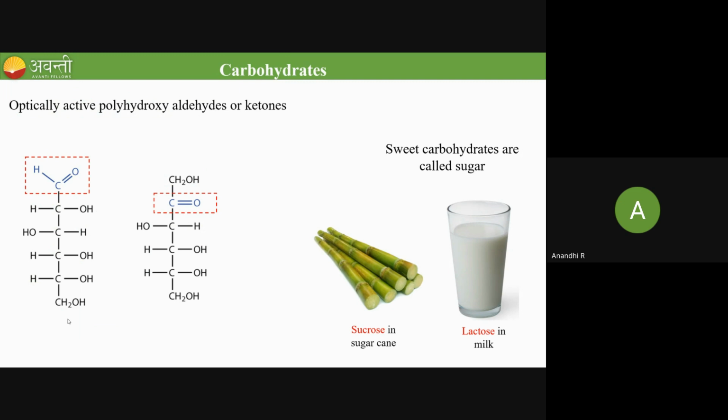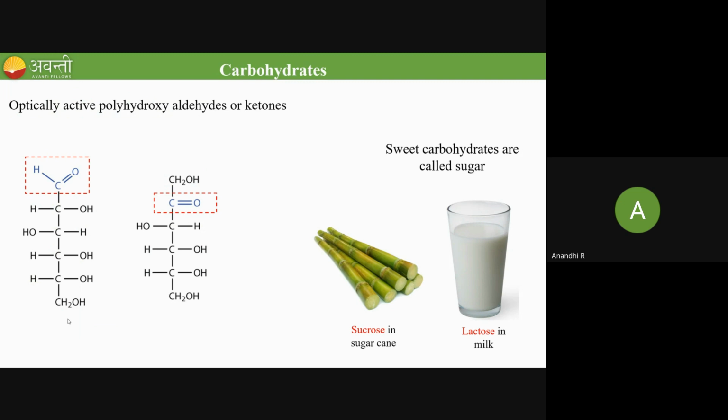So Sandeep, we are dealing with a new chapter called biomolecules. Got it? And biomolecules are carbohydrates, vitamins, nucleic acids, lipids, etc. And I am dealing with the carbohydrates here. I started with the carbohydrates.